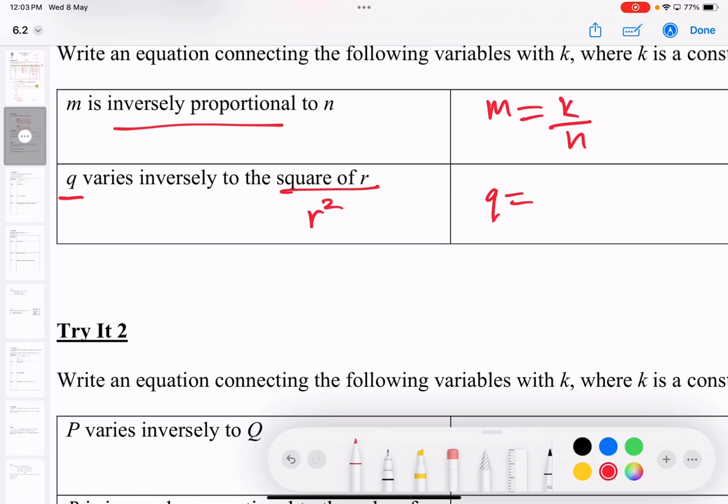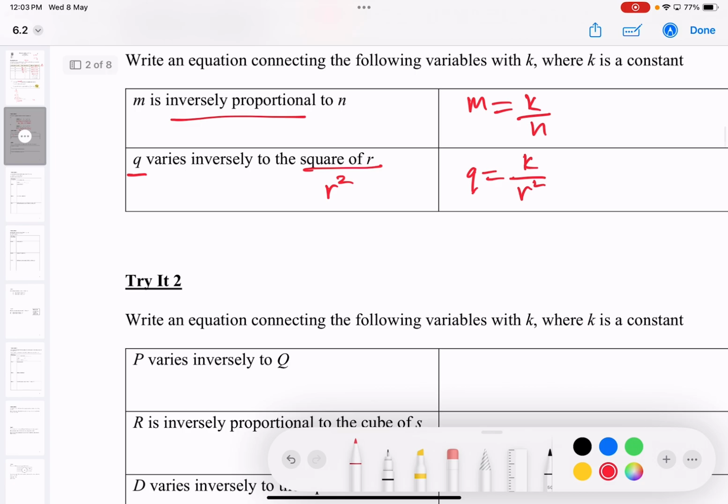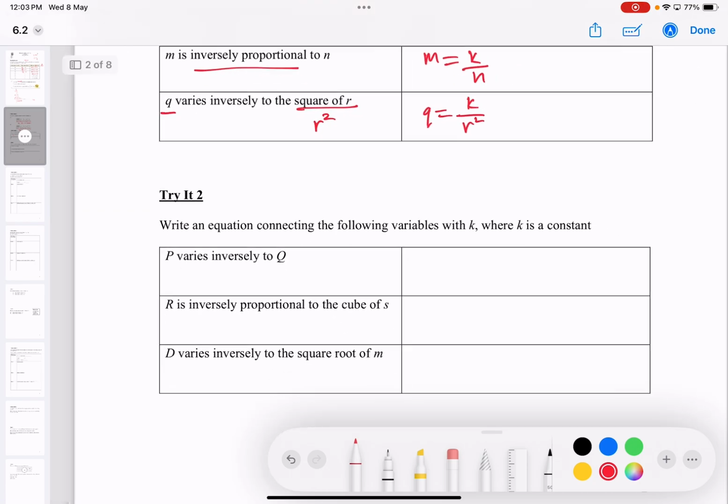My R squared, is it going to be in the denominator, the bottom, or on the top, my numerator, if you follow the pattern? Bottom, right? So Q is equal to K divided by R squared. Don't worry, let's practice a few more and get the hang of it.